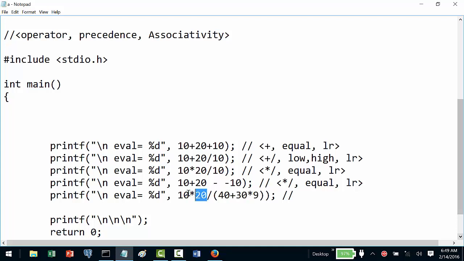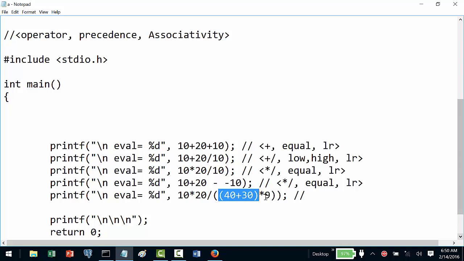The first thing that the compiler looks at is this, because whatever is in the bracket gets a higher precedence. Now suppose within this, if I have one more bracket like this, then again I'll get higher priority to this inside, which means the innermost parenthesis gets evaluated first. So our answer will be 70.